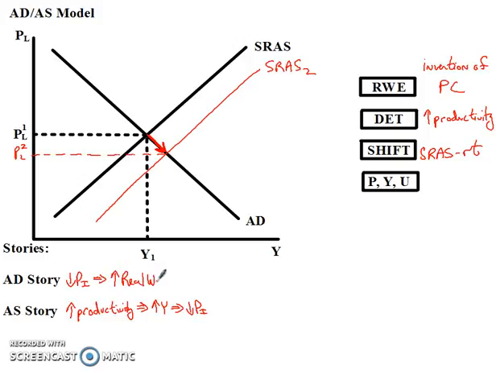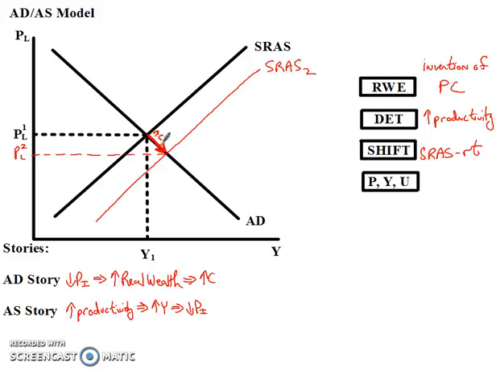We talked about this in the previous podcast on moving along the aggregate demand curve. If prices go down, my real wealth rises, and then I'm able to engage in more consumption, which moves me along the aggregate demand curve. I get an increase in consumption right here.